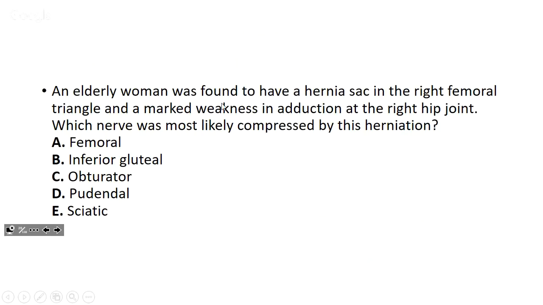An elderly woman was found to have a hernia sac in the right femoral triangle. So the key thing is, what type of nerve was compressed by this? So firstly, what sort of hernia is this? Do we know?